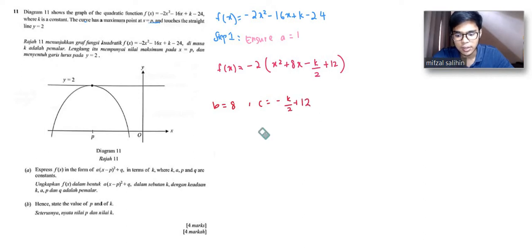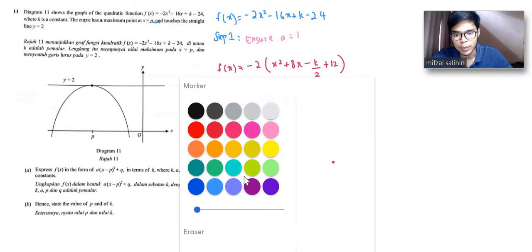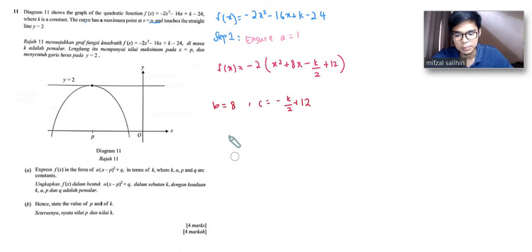So here is how we are going to do completing the square. We have a specific formula for it. The formula looks like this: f(x) equals (x plus b over 2) squared plus c minus (b over 2) squared. The symbols for the first and the third depend on the values of b and c.